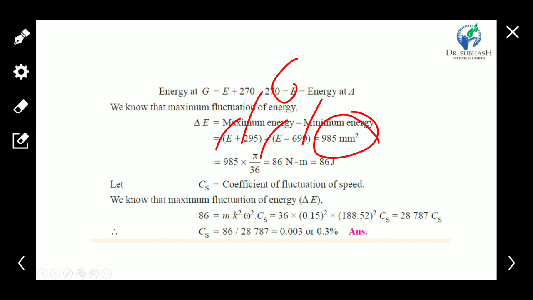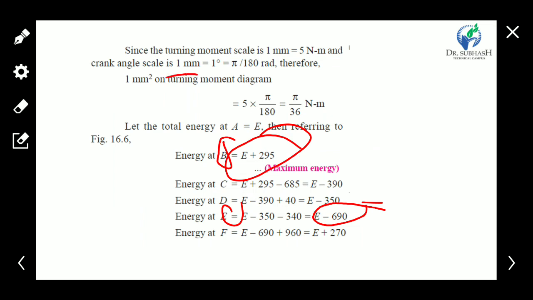Here the mm square is converted into energy. Multiplying mm and mm, 1 mm is equal to this value and 1 mm is equal to this value, so 1 mm square is equal to mm into mm.